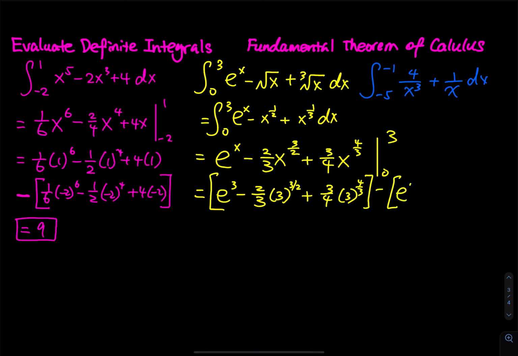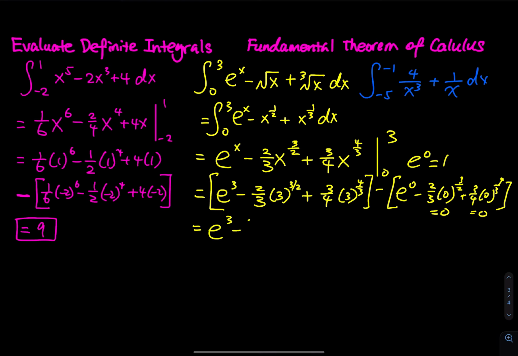So e to the 0 minus 2 over 3 times 0 to the 3 over 2, plus 3 over 4 times 0 to the 4 over 3. And e to the 0 equals 1, and everything else is just 0. So you have e to the third, minus 2 over 3 times the square root of 3 to the third, plus 3 over 4 times the cube root of 3 to the fourth.